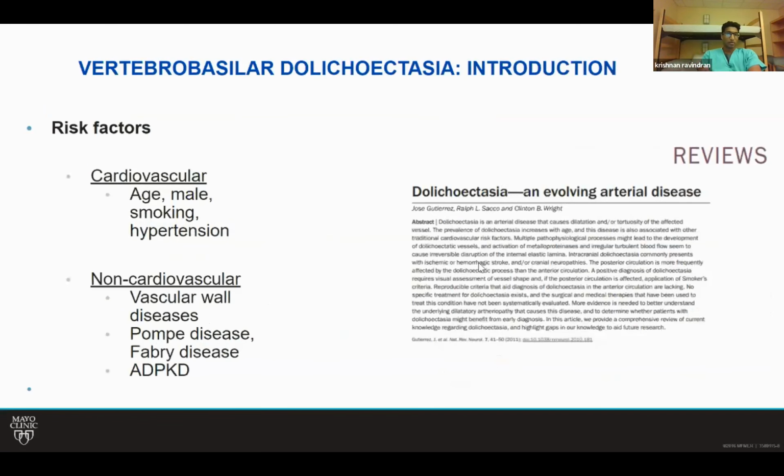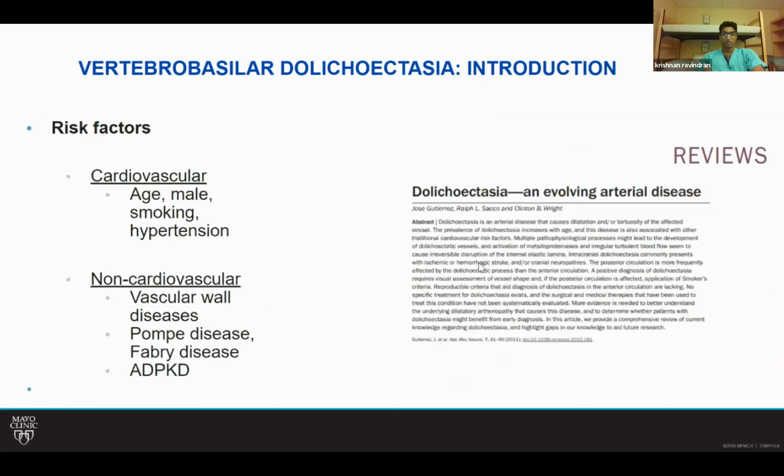The risk factors for VBD are similar to risk factors seen in certain other cardiovascular and cerebrovascular pathologies, including aneurysm formation. The cardiovascular risk factors include the typical non-modifiable risk factors of age and male sex, as well as smoking and hypertension.